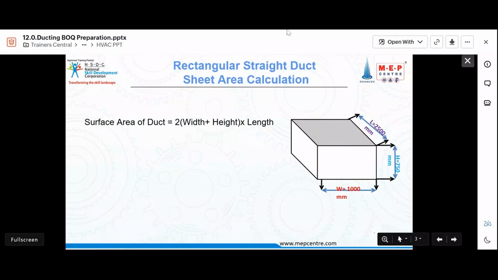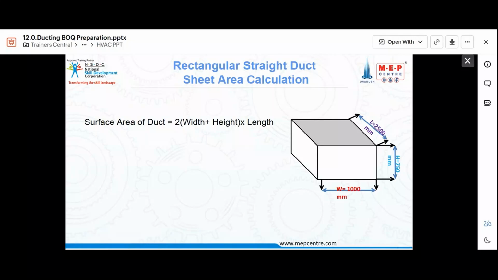Can anyone calculate for me? You can convert them into feet also, no issues.